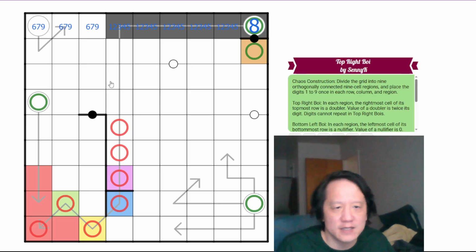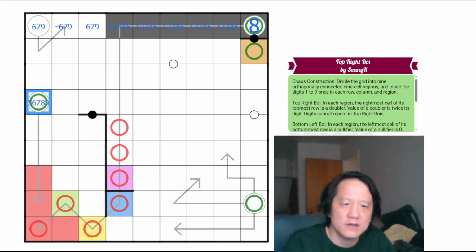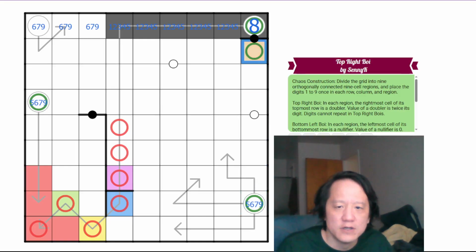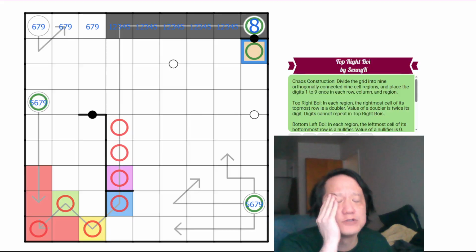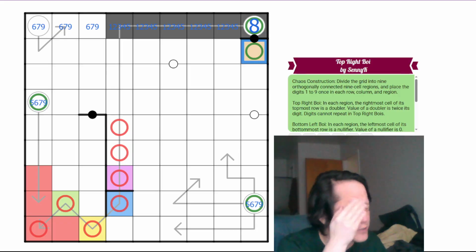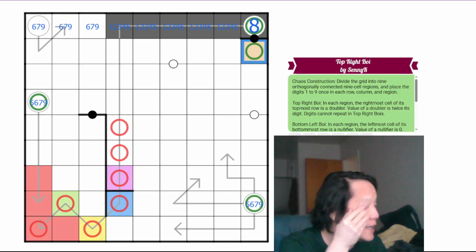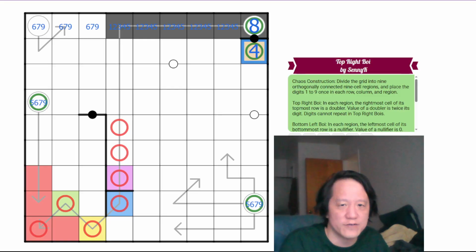So this is at least 5. No 8 because it's doubled. This is at least 5. Again, no 8. This has to be 4, right? Doubled. The only value that's going to be in a 1 to 2 ratio with 16 in this puzzle is 8. And it has to be doubled, so then this is a 4.